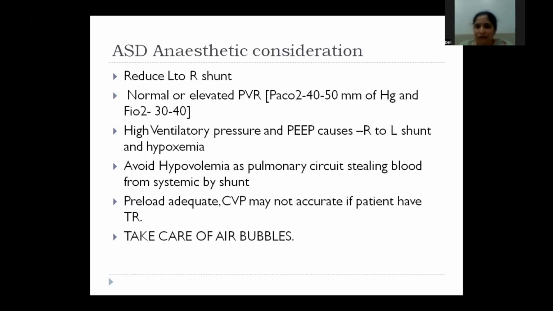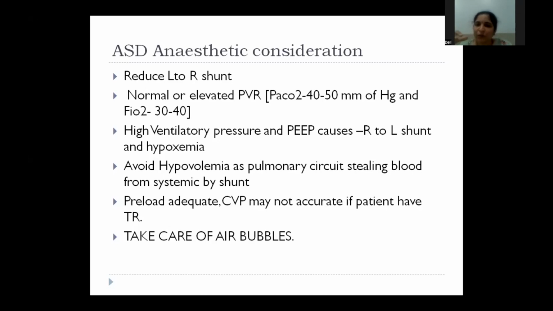Coming to the specific conditions, as I told, ASD, in all conditions we have to keep normal sinus rhythm and good myocardial contractility. Now, coming to the pulmonary vascular resistance, in ASD patients the pulmonary vascular resistance is not much high, but as there is increased flow to the pulmonary circulation, we can keep normal or a little elevated PVR.